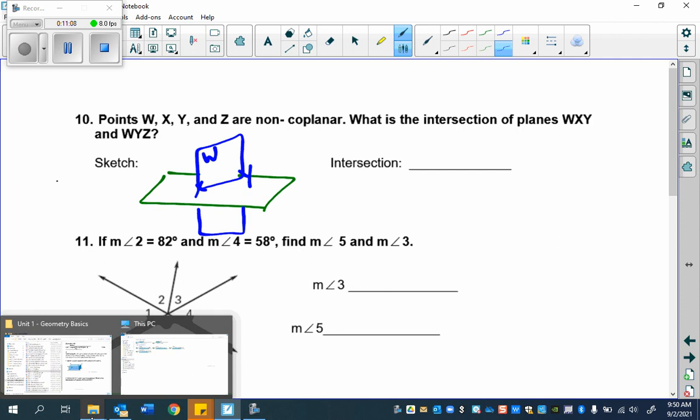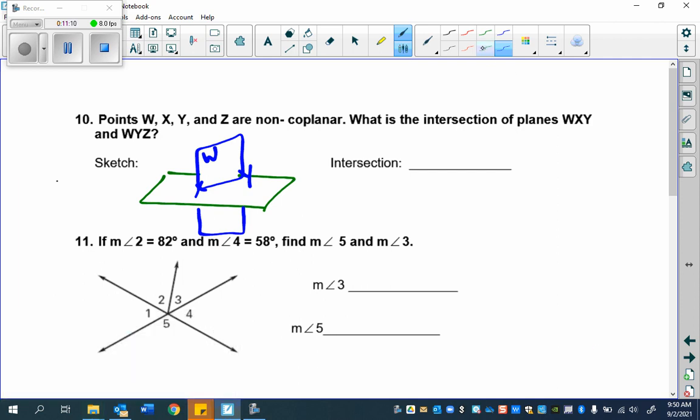When we talk about our second plane, our green plane, notice I need to reuse W, so my order is not going to work because I need W in the green plane also. So I'm going to move W down here, and see if I can switch this around. So now W is in both the green plane and the blue plane.